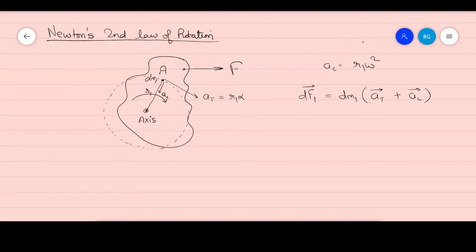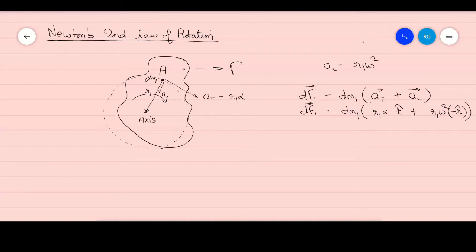So dF1 will be equal to dm1 into tangential acceleration r1 alpha along the tangential axis, so I can write it as t cap, and centripetal acceleration r1 omega square, which is along the radial axis, so I can write it as minus r cap.